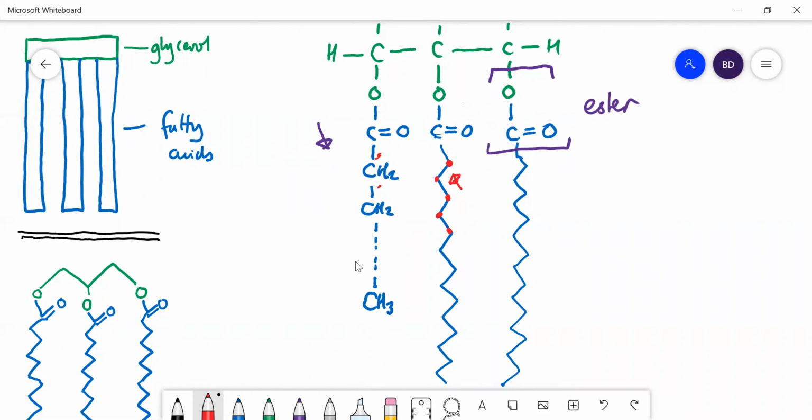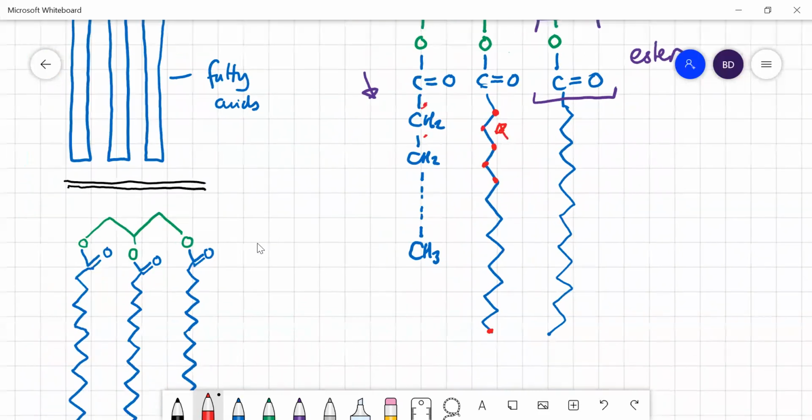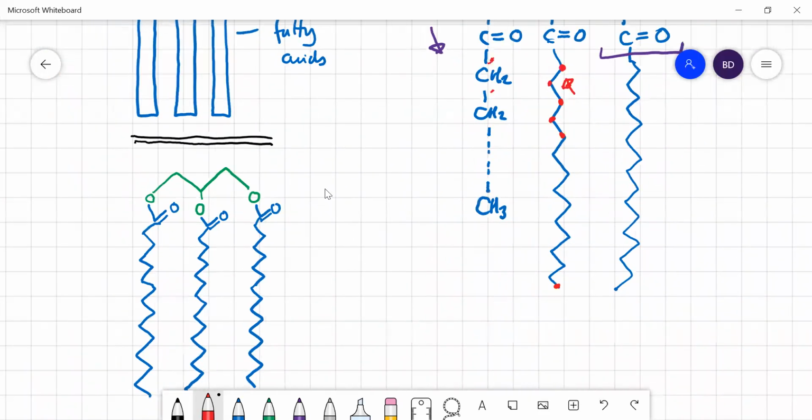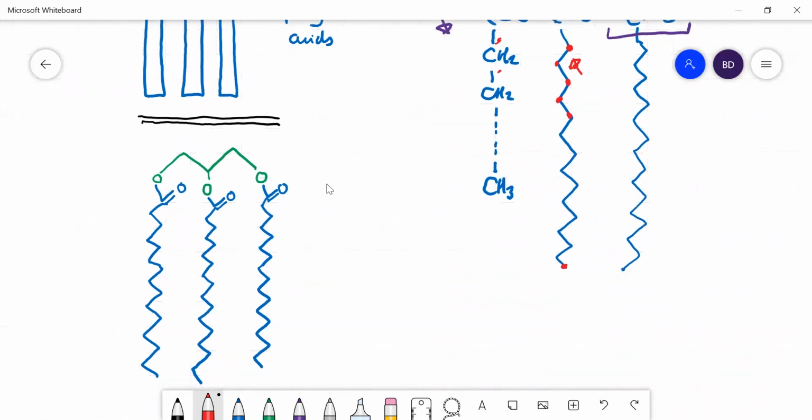So they're all CH2, except for the end one there, that's going to be CH3. So that's a quick way of drawing it. If you wanted to draw the whole triacylglycerol in skeletal form, you draw it like this structure over here. You can see there's a carbon atom on each of the carbon atoms of the glycerol, and so on. You've got carbon atoms on each of these zigzags.